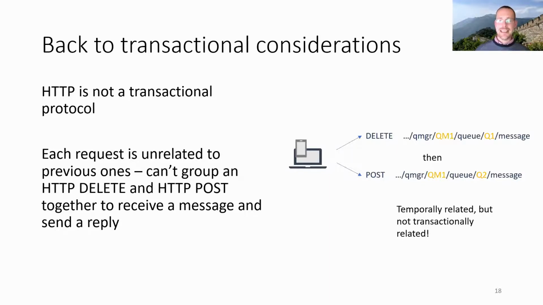HTTP is not transactional, and that means that the MQ REST API is not transactional. So if you want to consume a message via the MQ messaging REST API and then send that message onto another queue via the messaging REST API, you can absolutely do those two things, but they're not transactionally grouped together. They're ordered in time, but they're not transactionally tied together.